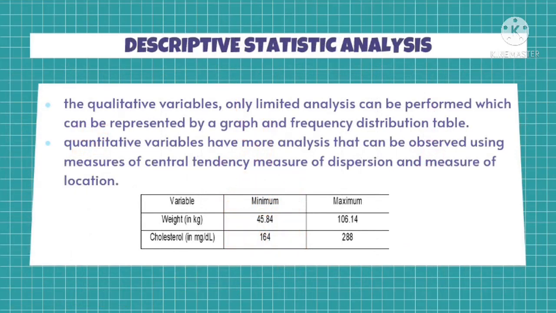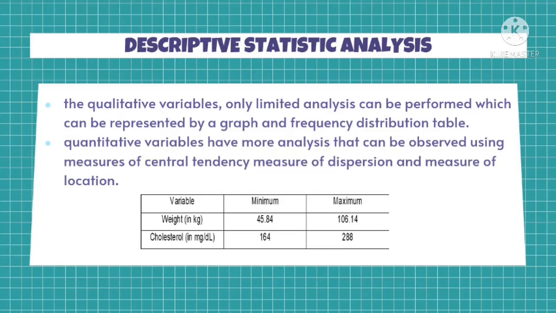Next is descriptive statistic analysis. As we know, the previous section has its own quantitative and qualitative variable. For the qualitative, only limited analysis can be performed, which can be represented by graph and frequency distribution table. This shows that quantitative has more analysis that can be observed using measure of central tendency, measure of dispersion, and measure of location.